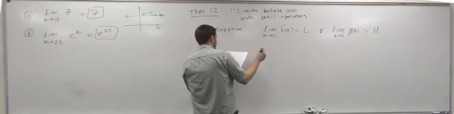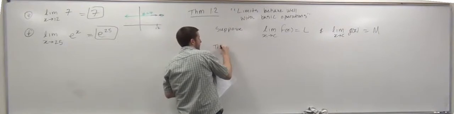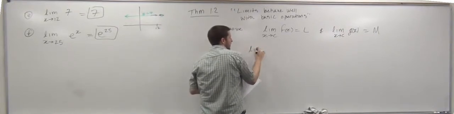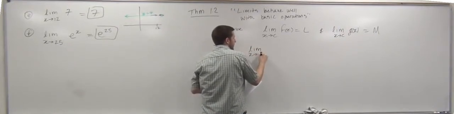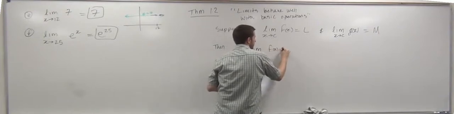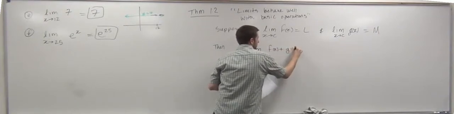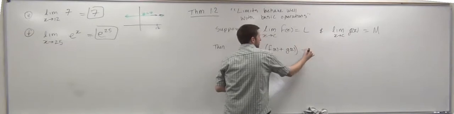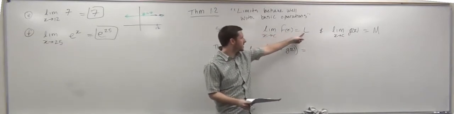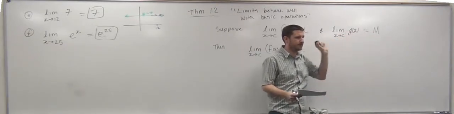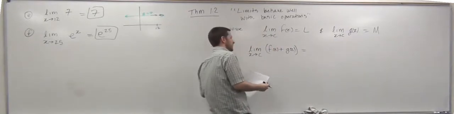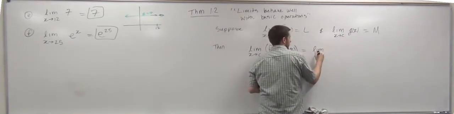So the result here is that if you want to know the limit as x goes to c of f of x plus g of x, it's just going to be this limit plus this limit. I don't particularly like writing it that way.